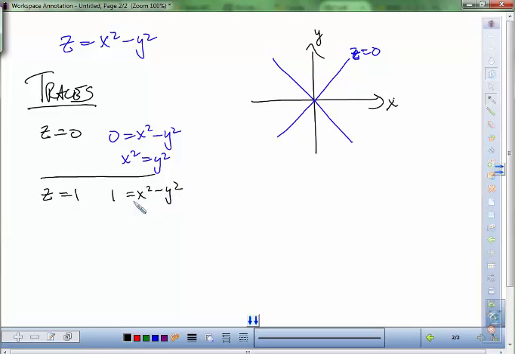If I let y equal 0, I get 1 is equal to x squared. And so that's plus and minus 1. So for this, I will have two intersections, plus and minus 1. So that's probably how my hyperbola will work out. Okay? So this is the z is equal to 1 trace.